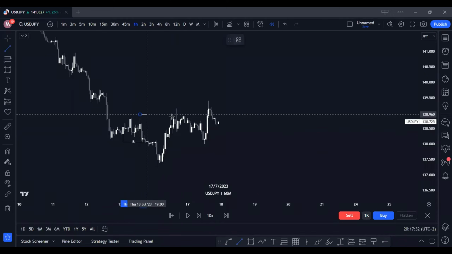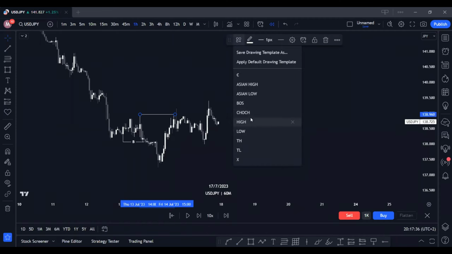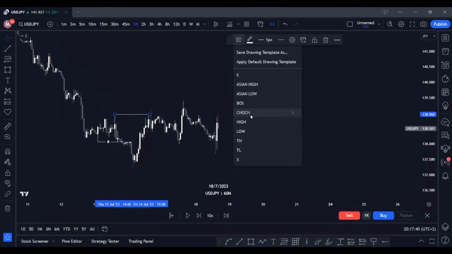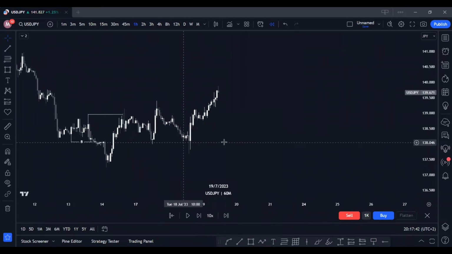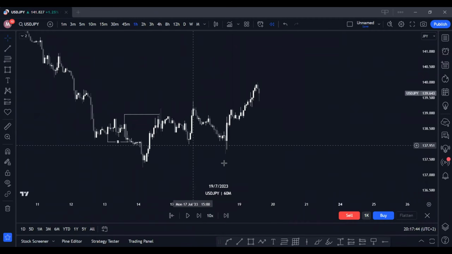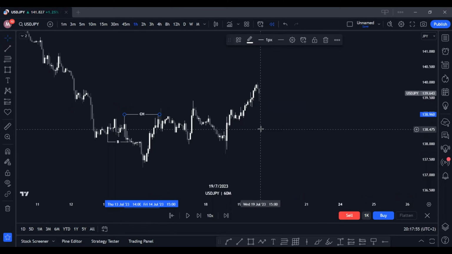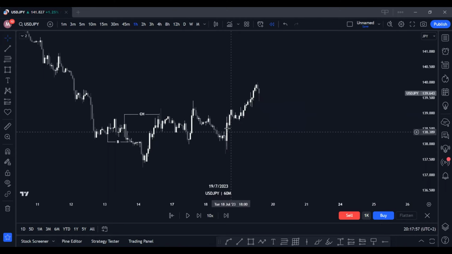One thing you should know is that when price breaks a high with a wick, it's not a break. When price breaks a high or a low with a weak break, it's just a grab of liquidity, meaning that price just wicked out the high or the low.